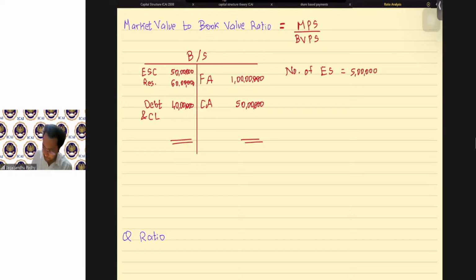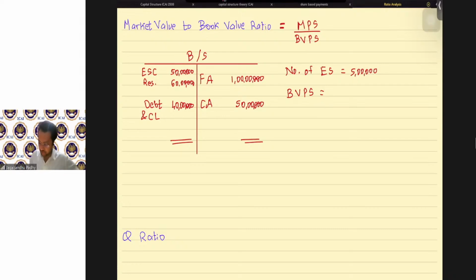So when we are talking of book value per share, it simply means the net worth of the company divided by the number of shares.